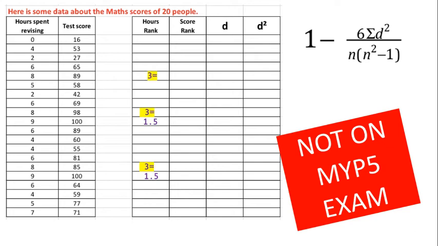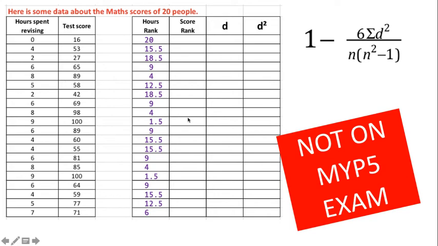Then the next three people are third equal, so they're occupying place 3, 4 and 5. So the average of those is 4, so we've designated all of them as fourth place. The next one's sixth place on its own, and then I've kind of done that for the whole thing, ranked the hours that they spent revising from 1 down to 20.